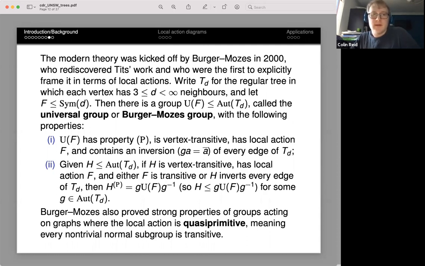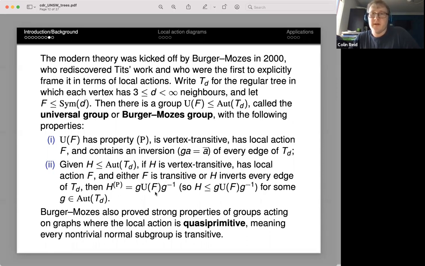And second, if you have any subgroup H of Aut T_D that is vertex transitive, has local action F, and either F is transitive or H inverts every edge, then the P closure of H is a conjugate of this U(F).